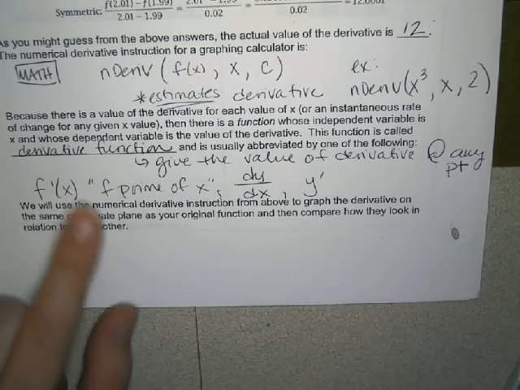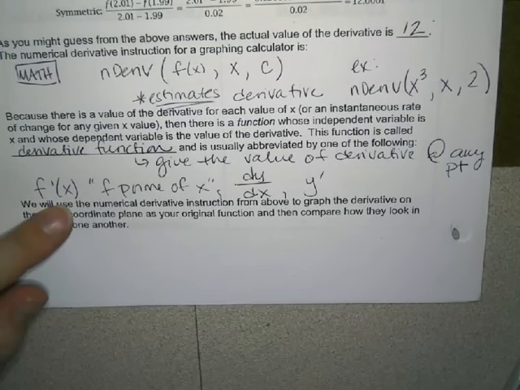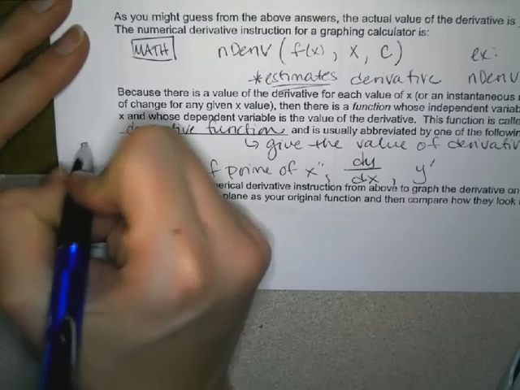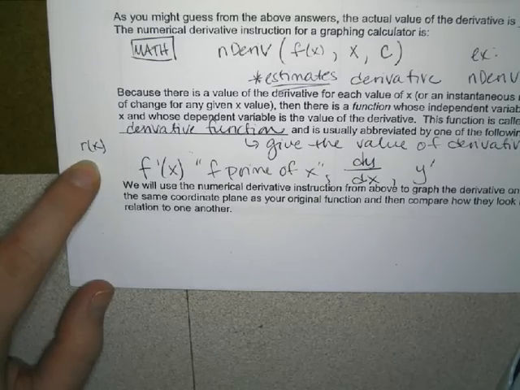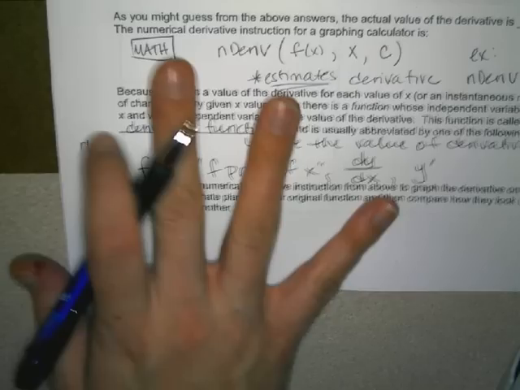You'd put in an x value, and the output of that function would be the instantaneous rate of change. If you think back to the last unit, when we were making r of x's that represented the average rate of change, we could have labeled f prime because it represented the derivative.